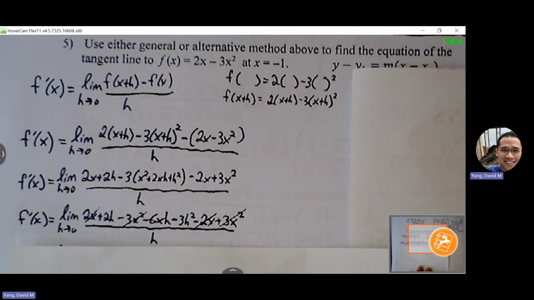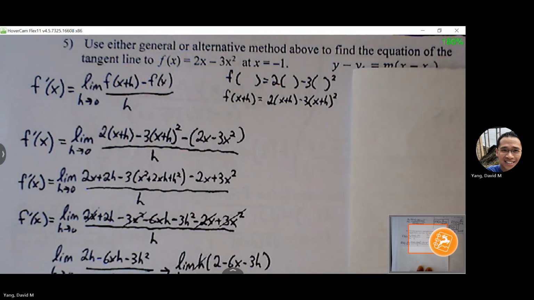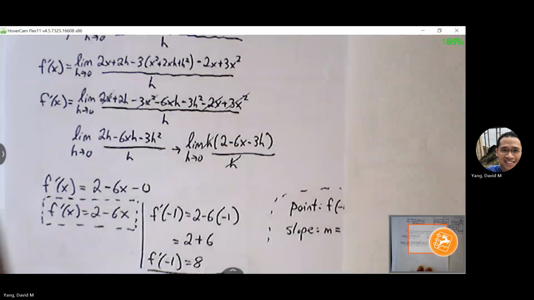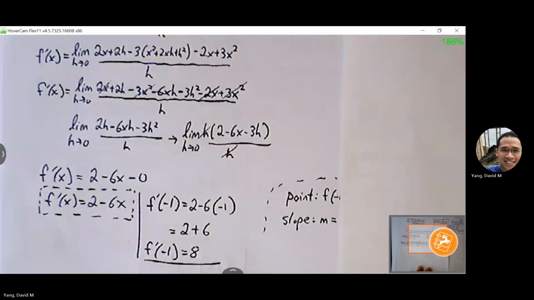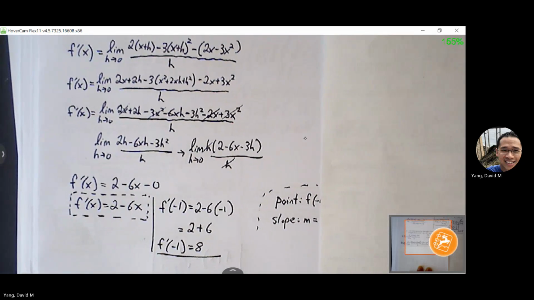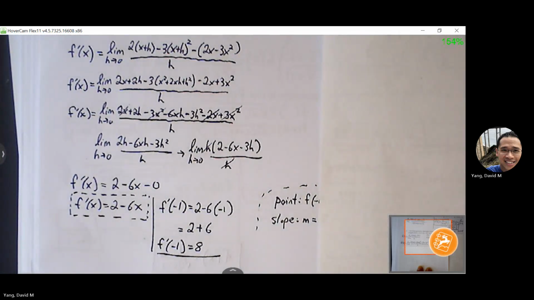So we should always be able to factor an h out of our remaining terms. Once our h gets factored out, we can take those out, replace the remaining h's with 0, and then our f prime ends up being 2 minus 6x.